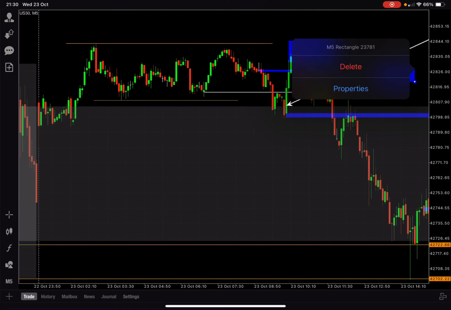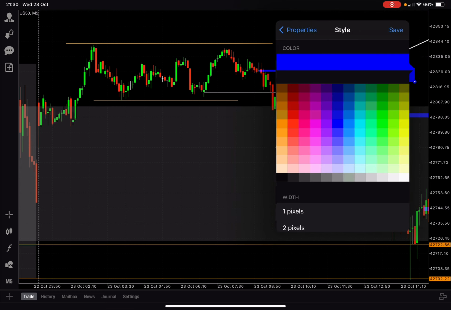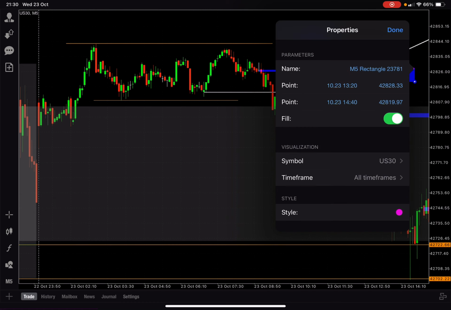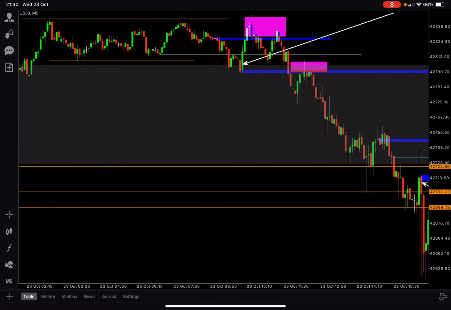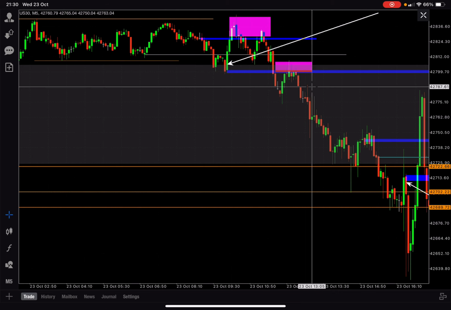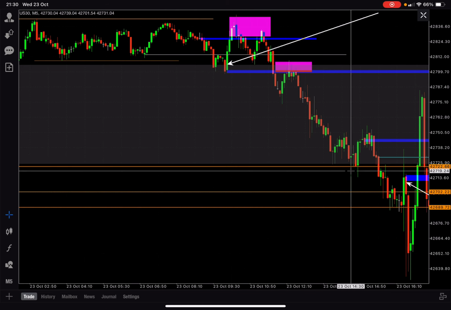Oh, wrong colour. You even get a retest there of the London Open, which is following the trade template too. So let's get rid of that one. That is a nice, comfortable sell structure with the London Open. And then it continues on down through the London session and London traders are clearly selling.